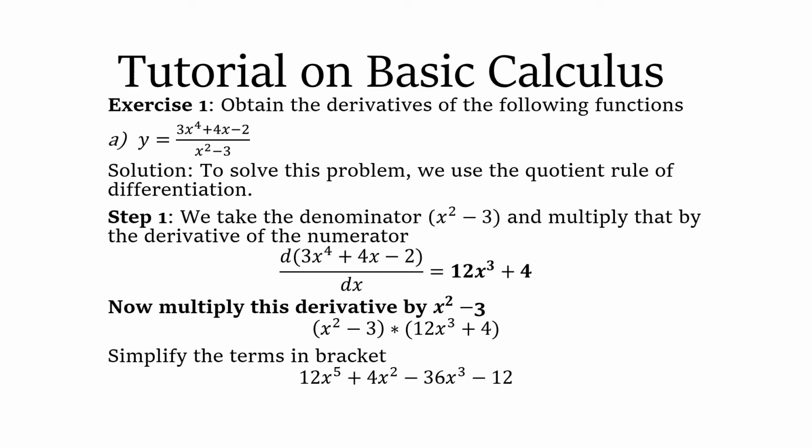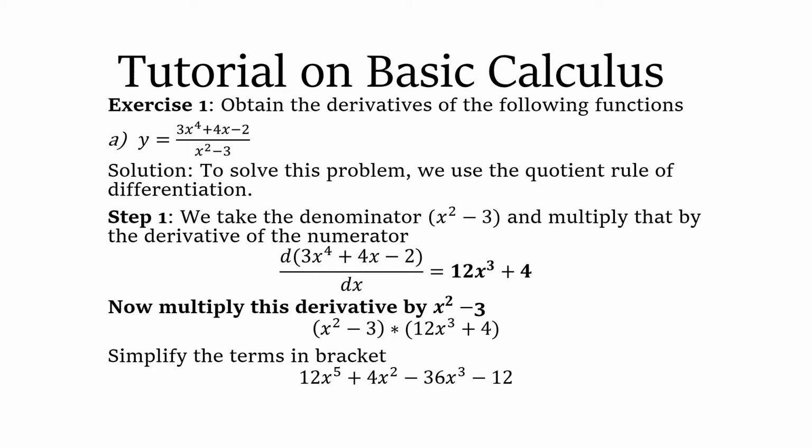For this type of problem, we need to pursue 5 steps: step 1, step 2, step 3, step 4, and step 5, in order to obtain the answer. So let us start with step 1.